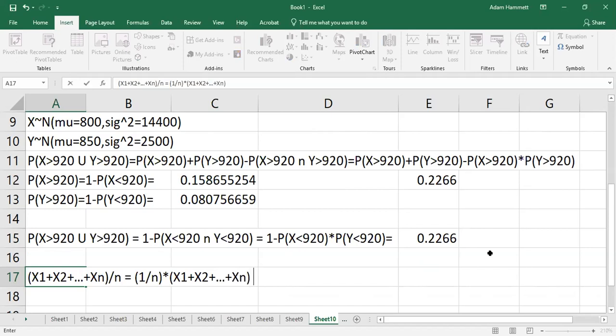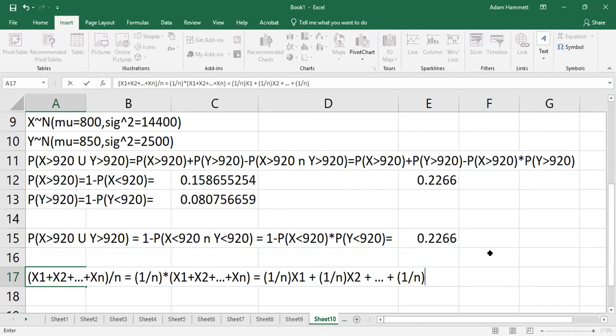And then if you distribute that, that's the same thing as 1 over n times X1 plus 1 over n times X2, right?